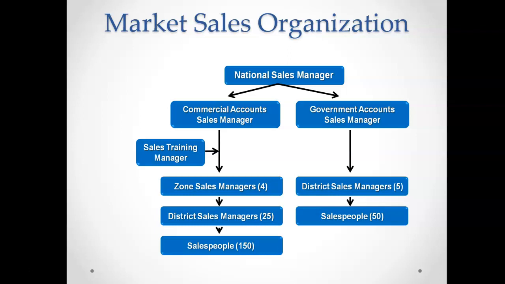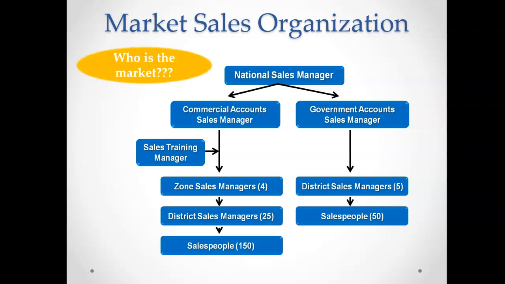By giving this level of specialization, you're able to become an expert on how those particular segments, those particular businesses, buy. And government has a much more complex process of purchasing than a commercial account. So you really do need to become an expert in that area.